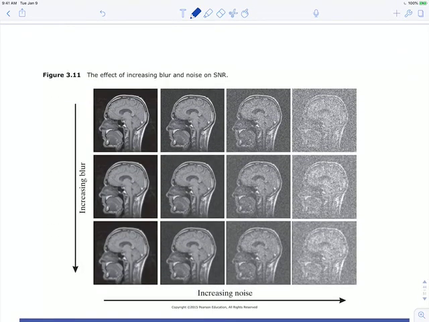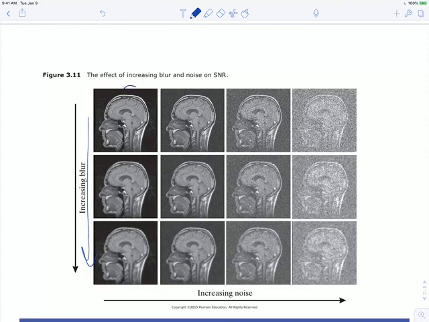So as we talked about before, everything is related. There's resolution, there's noise, and there's contrast, and we have to keep them all in mind as we're looking at images. So this is an example where we start off here with no noise, and these images are just showing you the effect of blurriness. Okay.